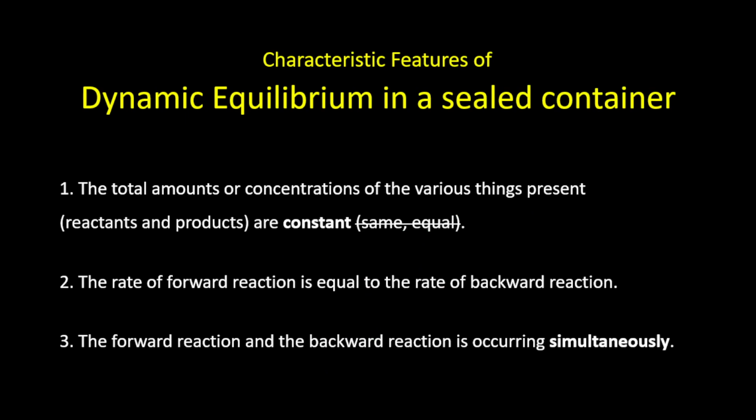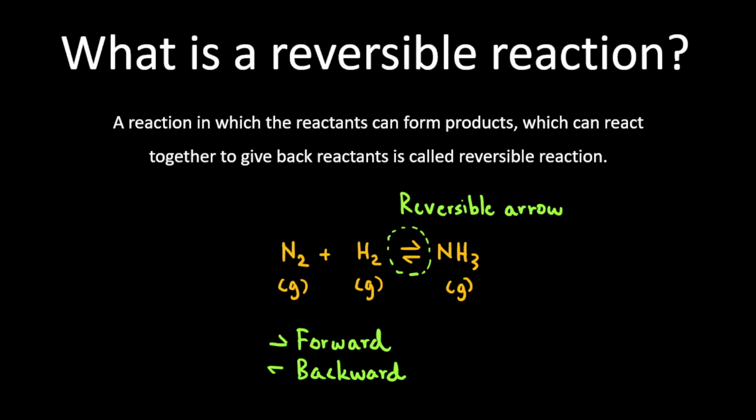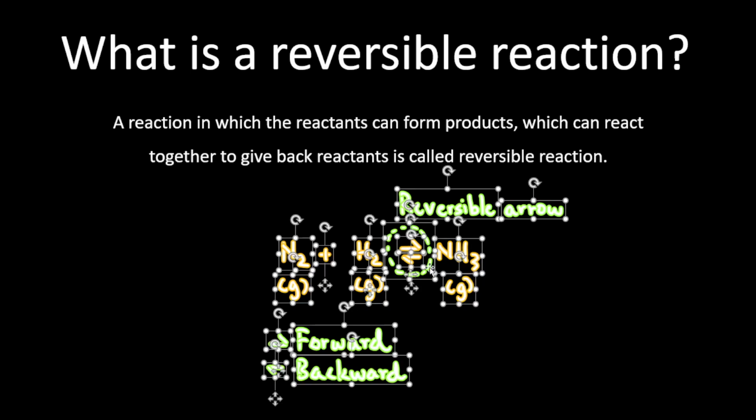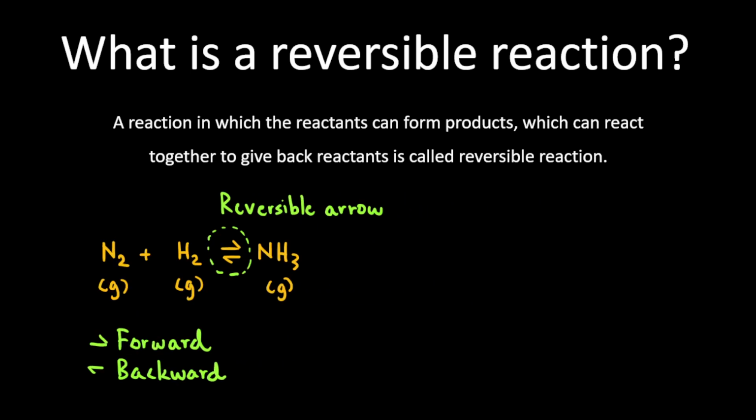Now, let's look at what we call a dynamic equilibrium. There are three characteristics of dynamic equilibrium, but one of the things that you need to learn is that this can only happen in a sealed container. Let's say we have a test tube and I'm going to put in nitrogen and hydrogen.